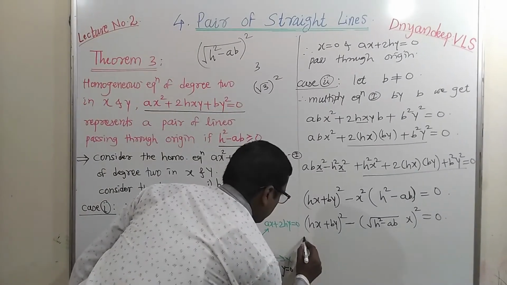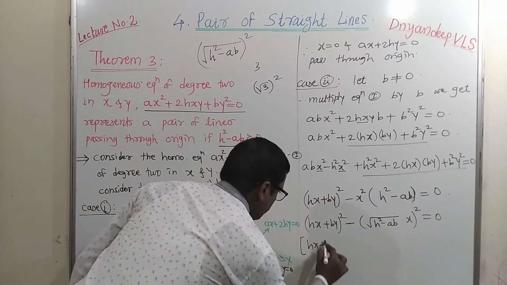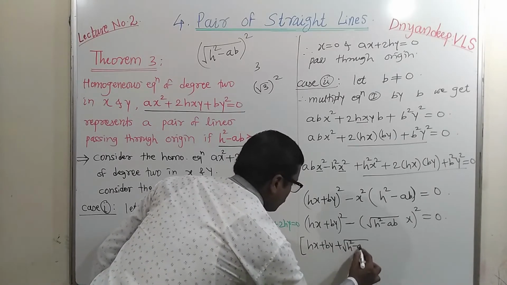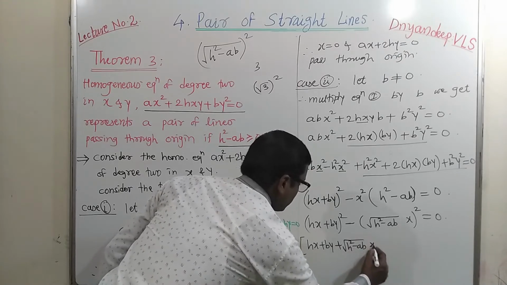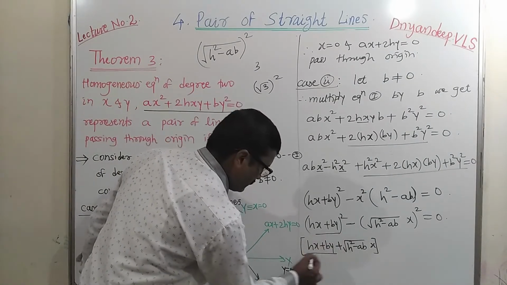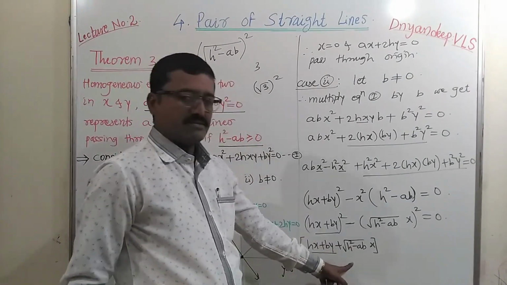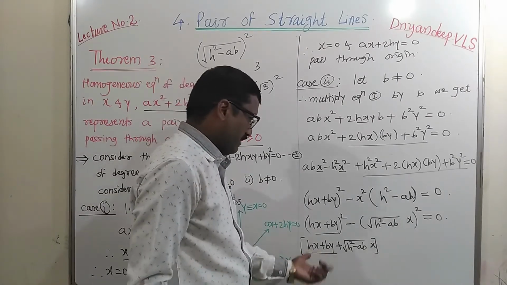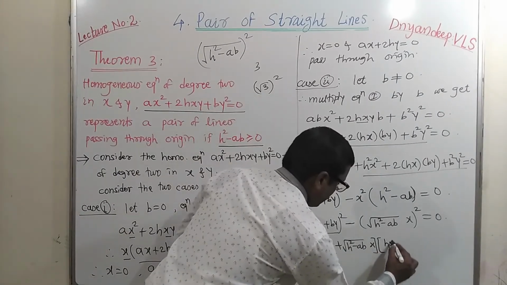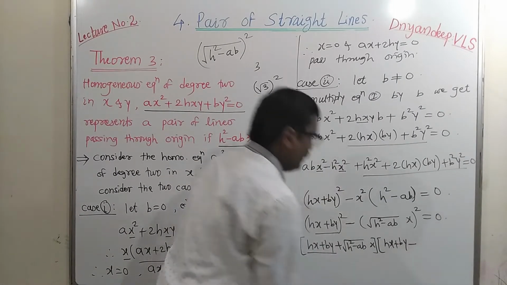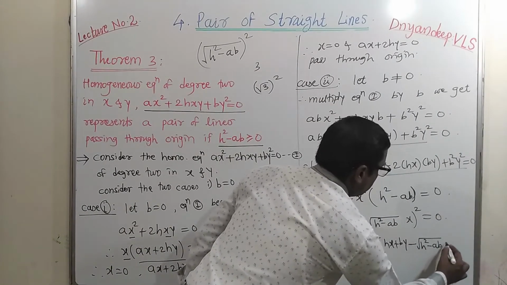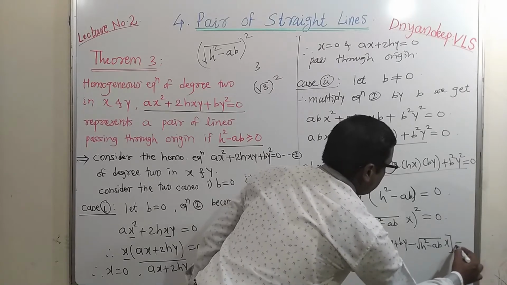It is nothing but hx plus by plus root h square minus ab out of this root x. This is hx plus by as it is, and this root h square minus ab into x. So this is a plus b. Now the second factor will be a minus b. A is our hx plus by, hx plus by minus root h square minus ab out of root x and is equal to 0.